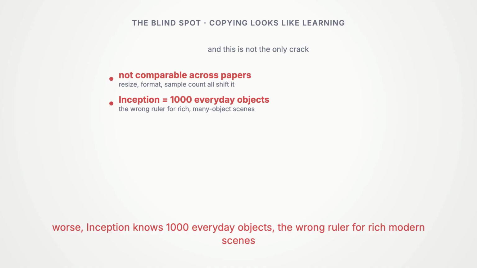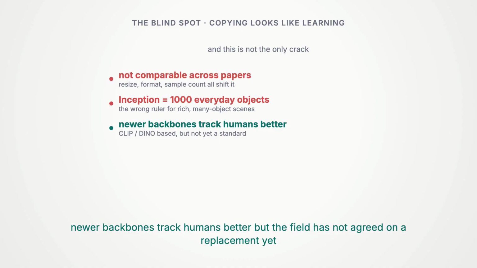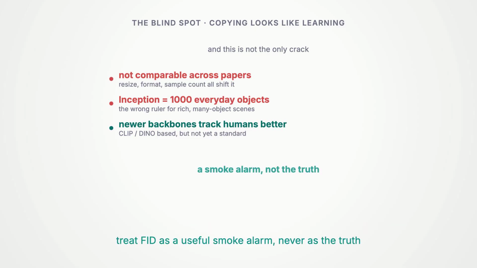It was never built to judge the rich, many-object scenes today's models paint, so it is increasingly the wrong ruler. Newer versions swap in stronger vision backbones and drop the smooth blob assumption, and they track human opinion better, but the field has not agreed on a single replacement yet. So treat FID as a useful smoke alarm, never as the truth.